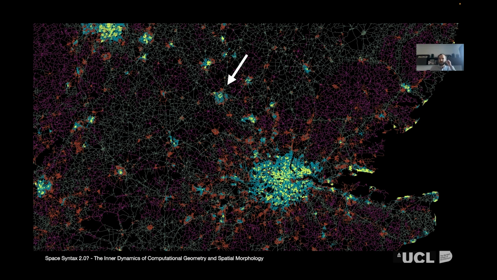Also, we believe that detailed mapping of clustered morphological similarities could address challenges of interdependency or spatial isolation of cities, councils, and neighborhoods around the UK. For example, you see here in the circle, this is the English town of Milton Keynes.